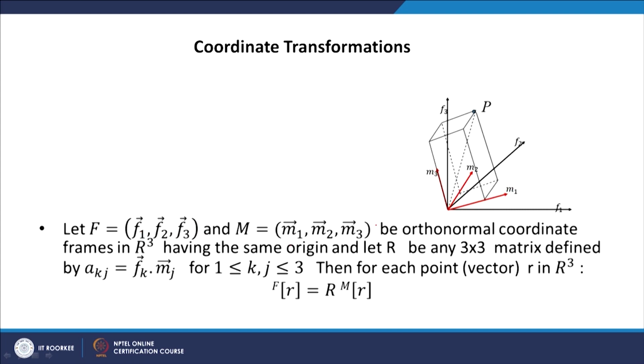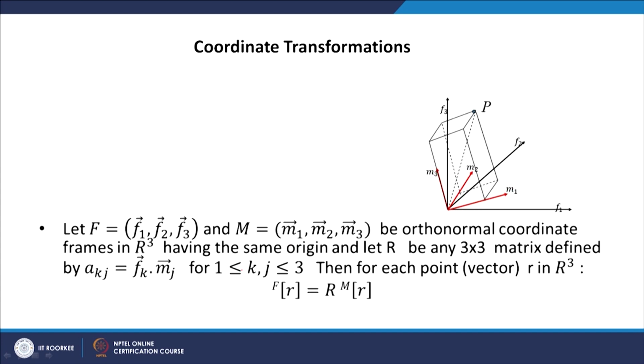Similarly, M1, M2, M3 form a coordinate frame. Then any point P can be expressed with respect to F1, F2, F3 as well as with respect to M1, M2, M3. So, we will see how these two representations of the same point in both the systems are related.